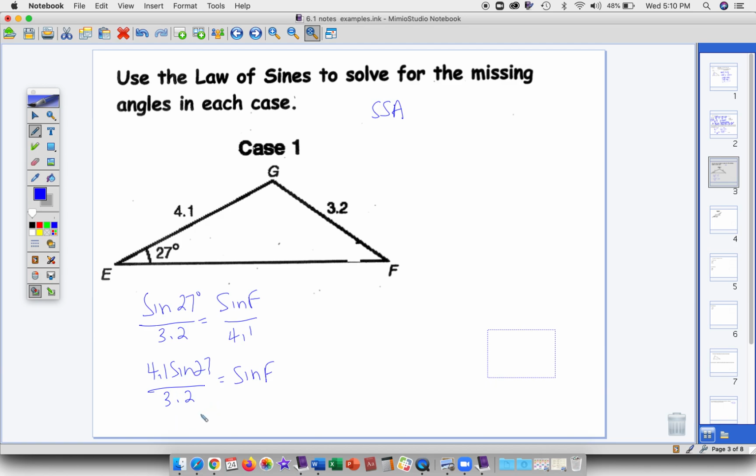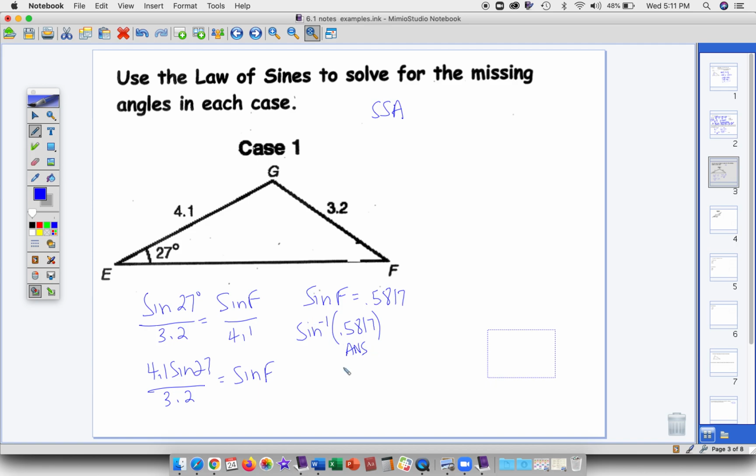So I'm getting that the sine of F is equal to 0.58167. Now on my calculator, I'm not rounding. I'm going to take the sine inverse of that value. I'm going to use my answer button, that ANS button.